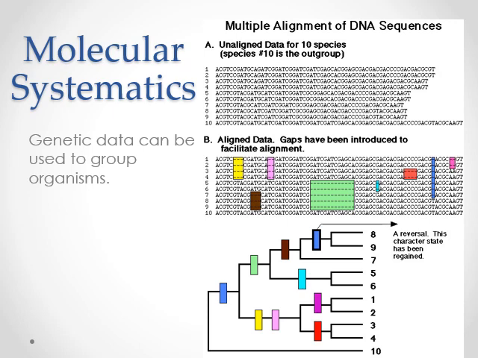Basically, you're going to be given 10 different organisms. These 10 different organisms all have a nucleotide sequence. They're different lengths. So in molecular systematics, we're trying to line those up in the most simple way that we can. Maybe add some spaces in.